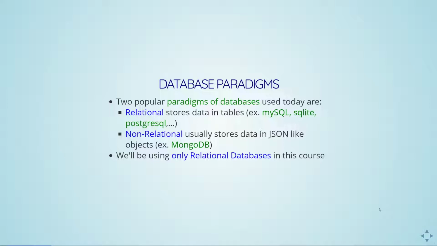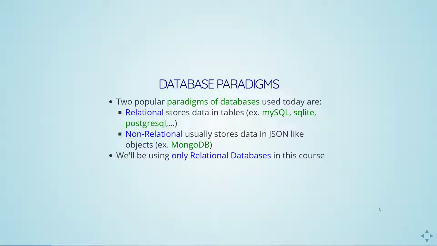More recently, with the advent of big data, people have started using other types of databases that we refer to as non-relational databases. These databases usually store things in JSON-like objects.